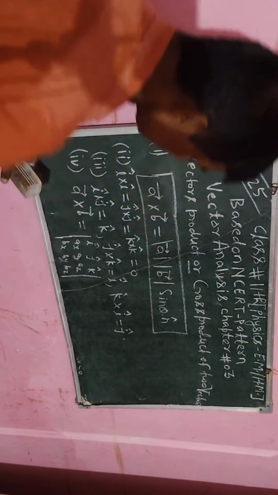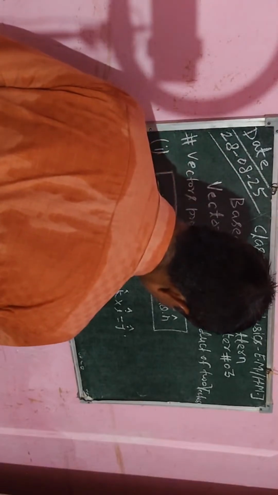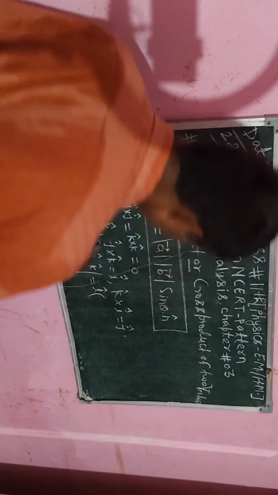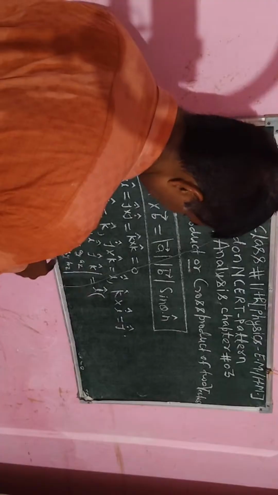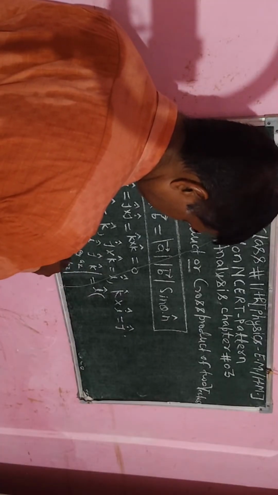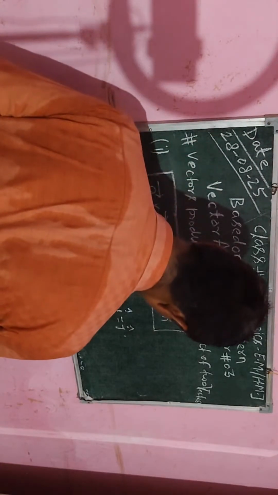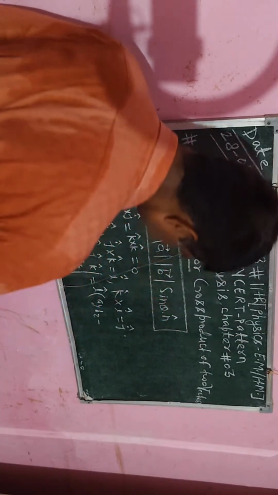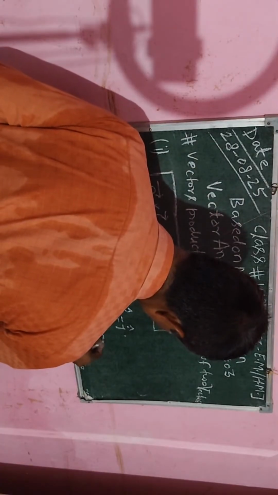Now we have to expand it. So its expansion can be done like this. Here I will write vector i cap, and then I eliminate the i column and the first row. So I will get the determinant with ay, by, az, bz, and its cross product is ay bz minus by az.